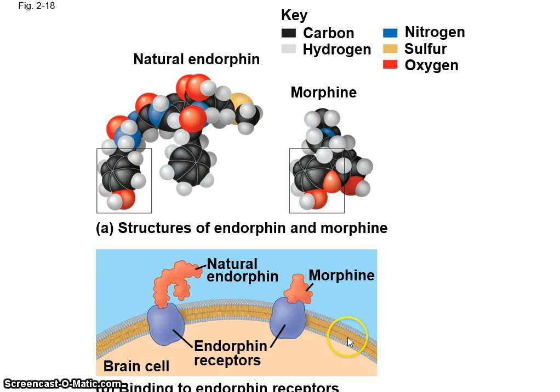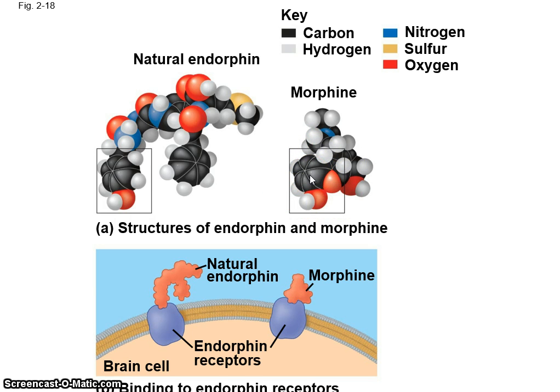In the brain, we have endorphin receptors in all of our cell membranes. Natural endorphin is a molecule that looks like this, and when this molecule interacts with this purple receptor, it sets a chain reaction off in the brain that makes us feel this natural euphoria, happiness, and just a general good feeling. Morphine, a totally different molecule, has a very, very similar, almost identical shape at this end of the molecule.